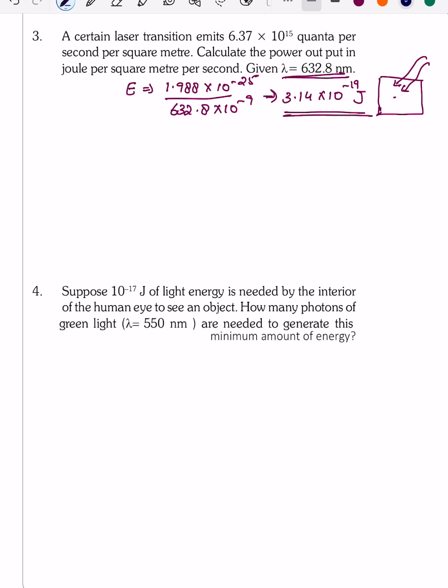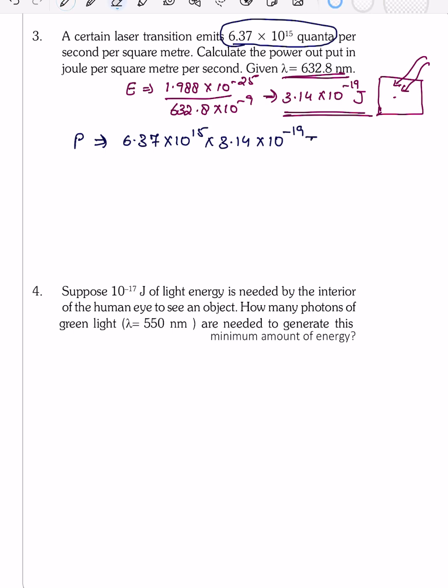And the question is asking us to find out for these many quanta, 6.37 into 10 to the power 15 quanta. So what will the power output be? That is 6.37 into 10 to the power 15 into 3.14 into 10 to the power minus 19. Let's write the units also.